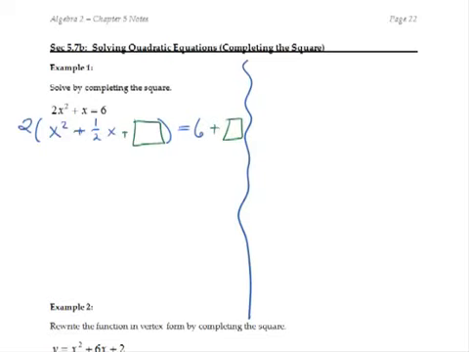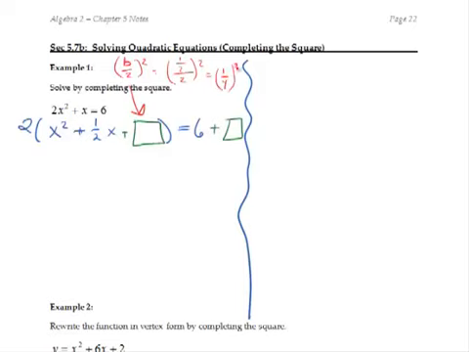Now, when we take that 1/2, remember it's half of b, and then squaring it, that's what gives us the c value here. So half of b means 1/2 of a half, and then squaring it. If we take half of a half, using our calculators or our memory of fractions, that's a quarter.